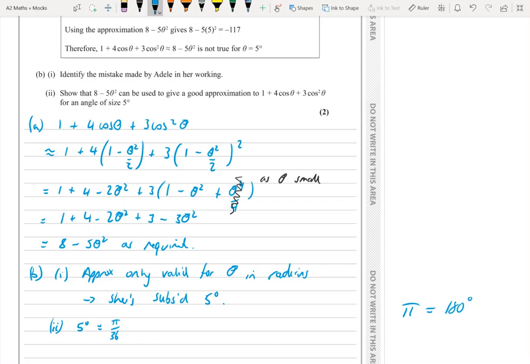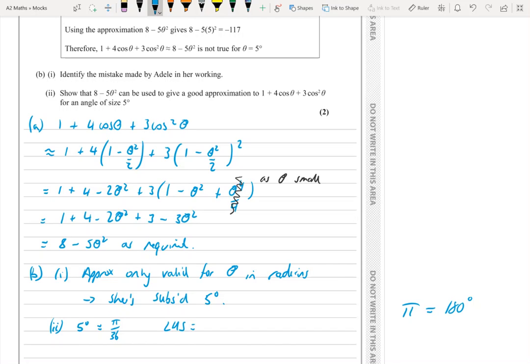So what I would do is put pi over 36 in my calculator so that I can use the answer button. The left hand side is 1 plus 4 cosine answer plus 3 cosine of answer, and then we need to get that squared because it says cosine squared.